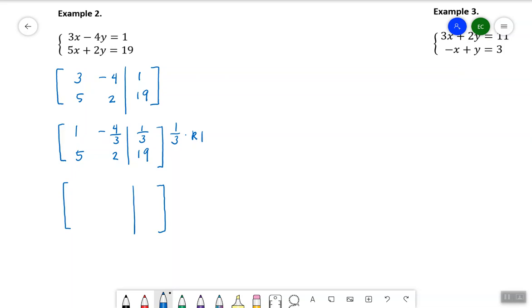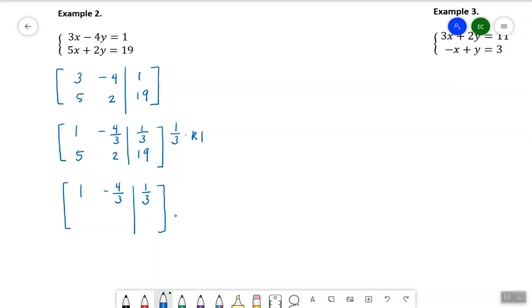The first row this time is not going to change, so I'm just going to copy it down. And then in order to make a 0 where the 5 is, we're going to multiply the row with the brand new 1 on the diagonal. We're going to multiply row 1 by the opposite of this number.